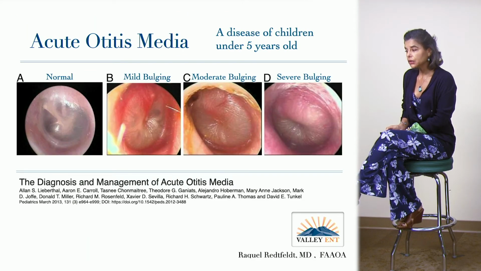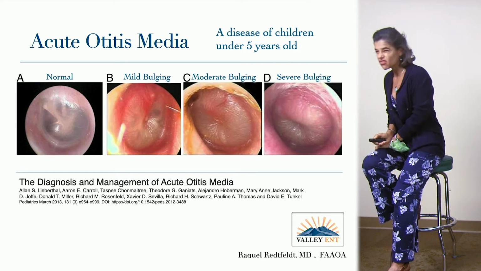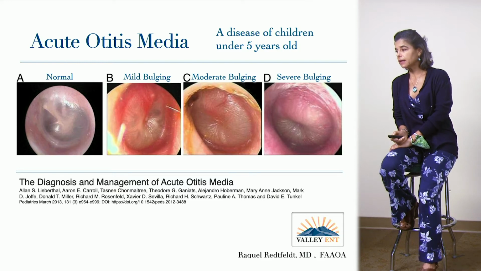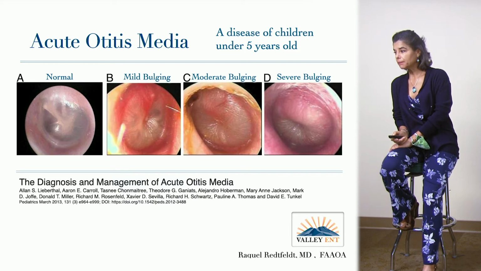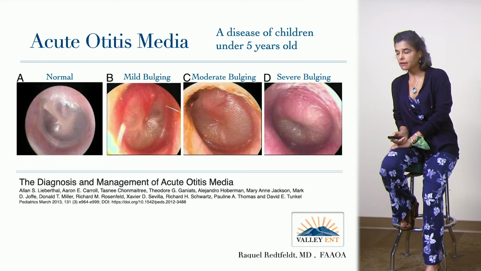In a really good summary paper, this is Alan Liebenthal et al., they show these images of what they are describing as normal, which is A, mildly bulging, B, moderate and severe bulging, C and D. Most of the people you diagnose with this should really have moderate to severe bulging of the tympanic membrane.